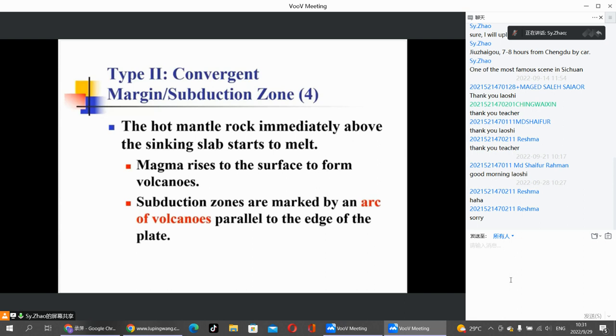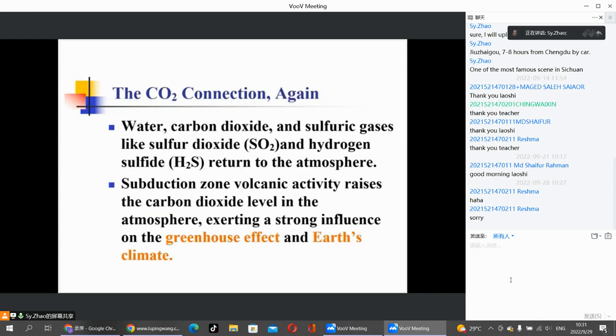Subduction zones are marked by an arc of volcanoes parallel to the edge of the plate, like the arc of volcanoes surrounding the Pacific Ocean, which is called the Ring of Fire of the Pacific, which has a lot of volcanoes and seismic events.